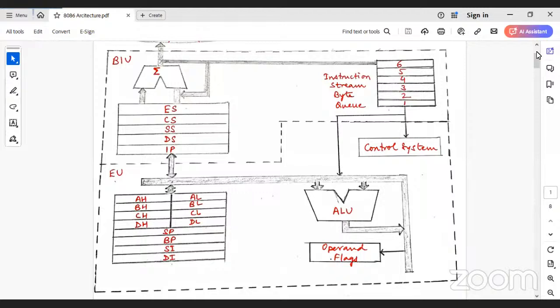So by now you must have understood that the data bus is 16 bits, address bus is 20 bits. Now the memory is decided depending upon the number of lines in the address bus, I said.